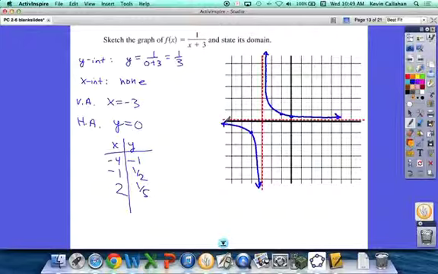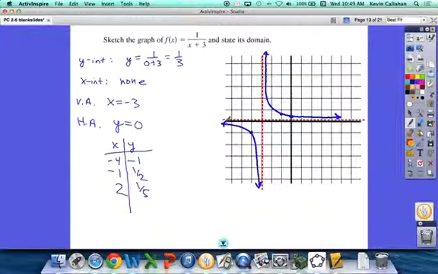Tricky? You see the pattern: y-intercepts, x-intercepts, vertical asymptotes, horizontal asymptotes. Plot a few points, sketch your curve.